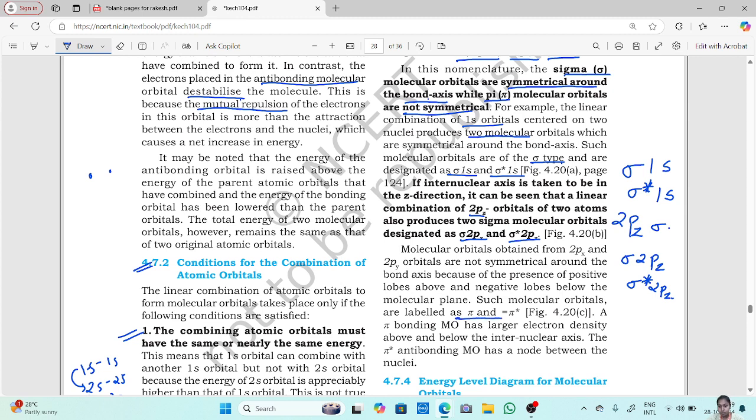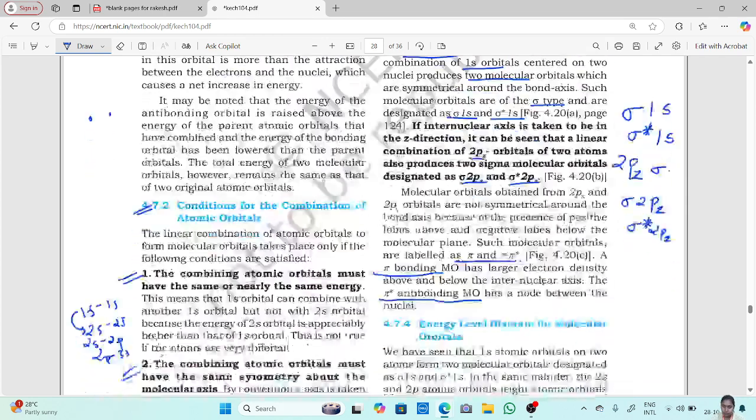So 2px and 2py are labeled as pi and pi star. Now why pi? The ones which are formed on the bonding molecular orbitals, you have a pi bonding molecular orbital which has a larger electron density above and below the internuclear axis. The antibonding or pi star antibonding molecular orbitals has a node between the nuclei.